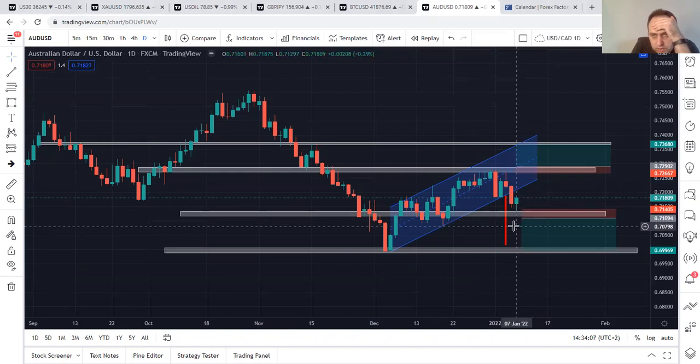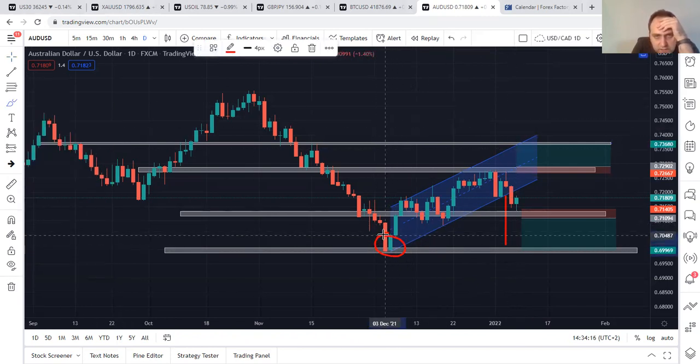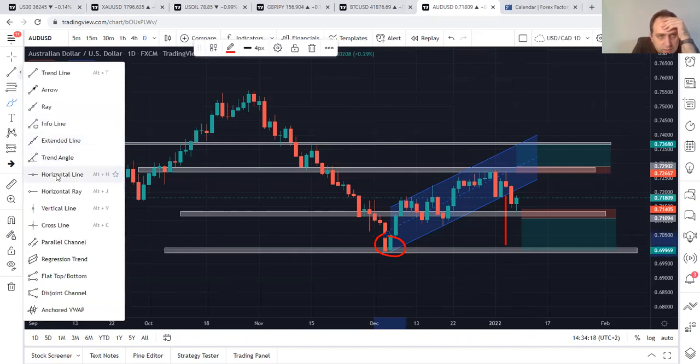But the secure trade, when it breaks 0.7080, this can be a real sell here because we have clean traffic on the left and clean traffic on the right. This is very important, by the way.